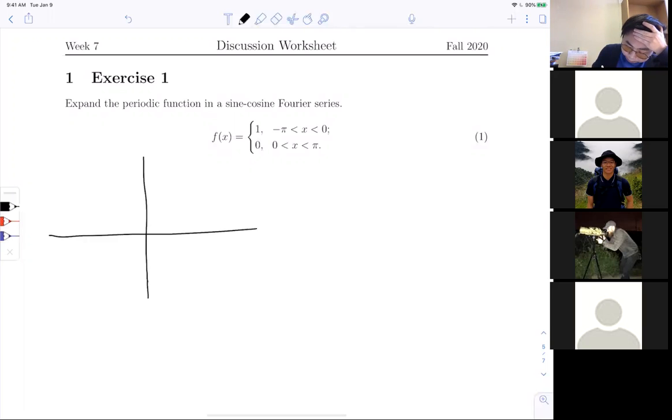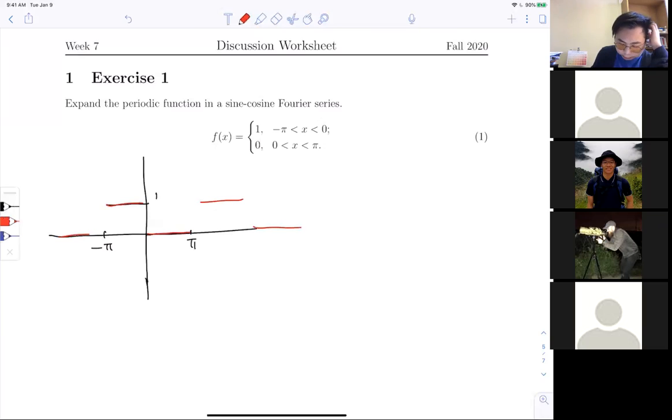Sometimes the picture can give you some insights. So from minus pi to 0 is 1. And from 0 to pi is 0. Something like this. Of course, you can do it directly.